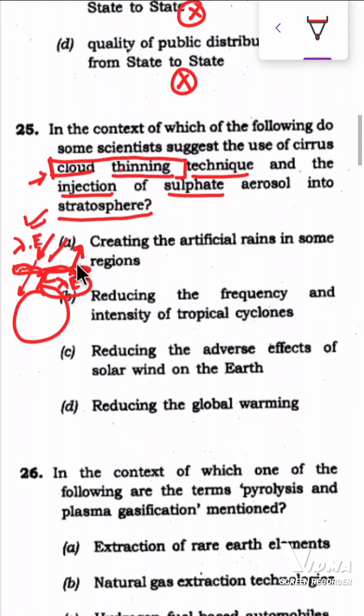So scientists suggested that if we thin the clouds using the injection of sulfate aerosols into the stratosphere, then we can help in reducing global warming and address the problem of climate change. So statement D is right. It is a geoengineering approach to reverse global warming.